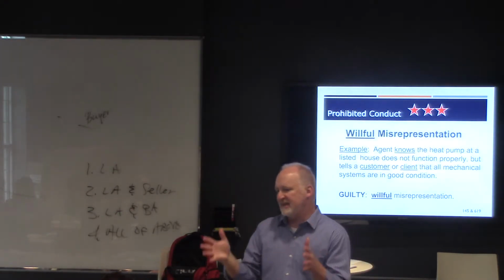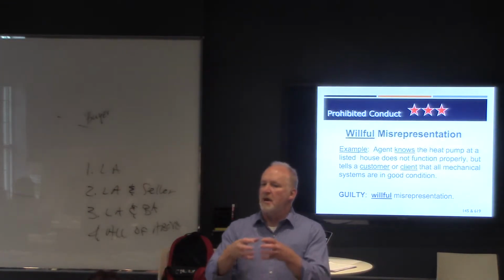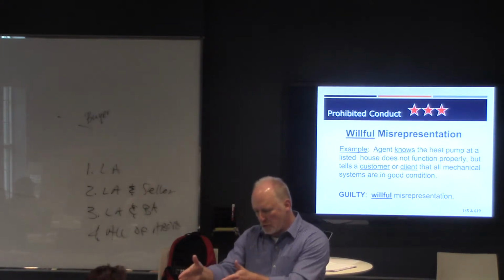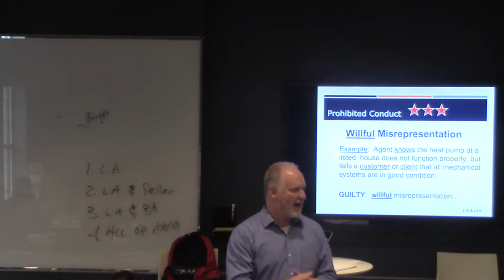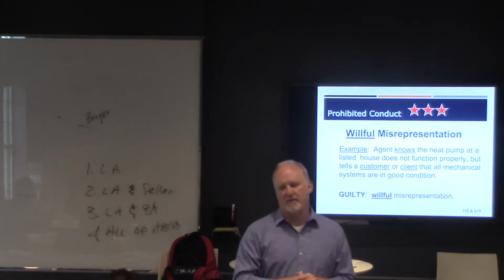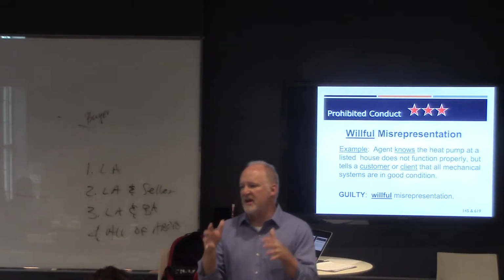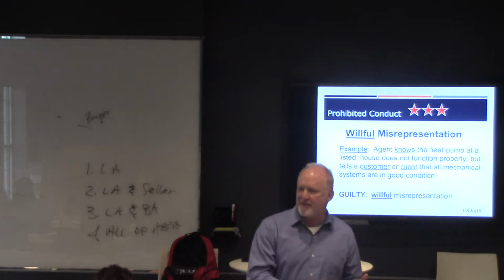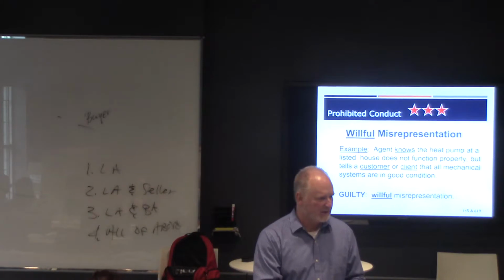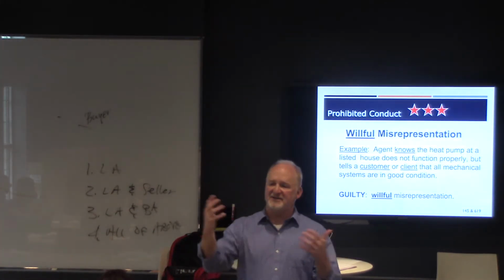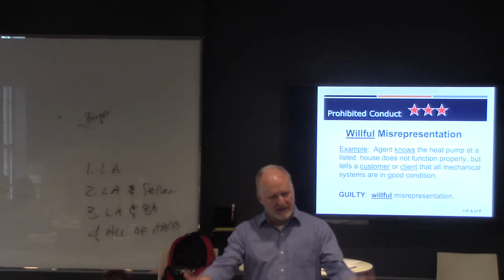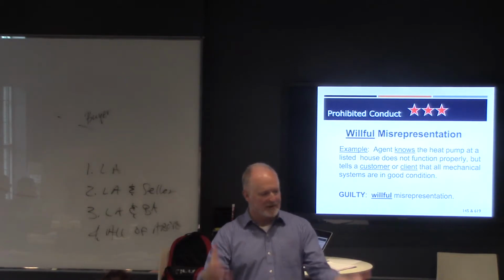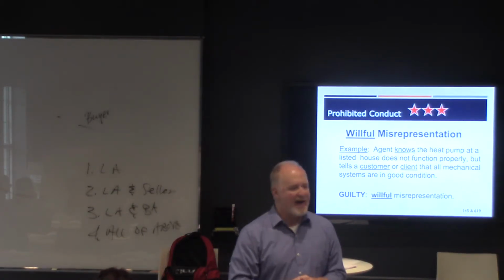Now, I shouldn't say this out loud, but I will. The Real Estate Commission wrote Appendix A. They wrote the license law and rule comments. The people that work with the commission wrote that. The Real Estate Commission writes the state portion of our exam. Oftentimes, the examples tend to be very, very similar to what you see in this because it's the same group of people that are writing.